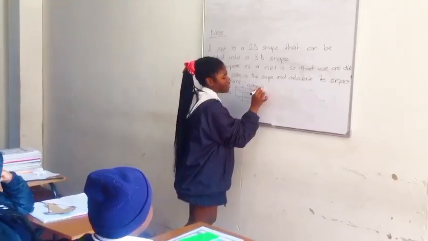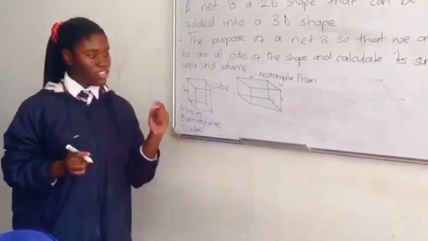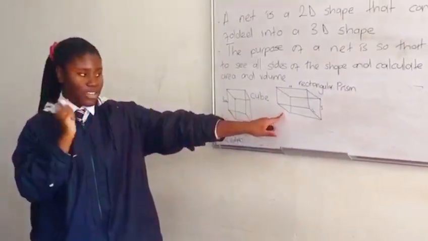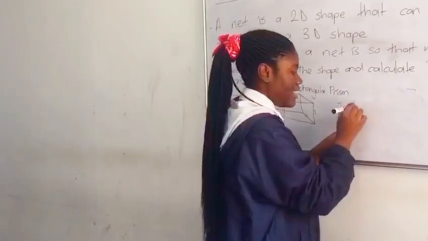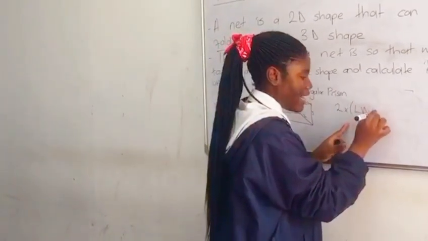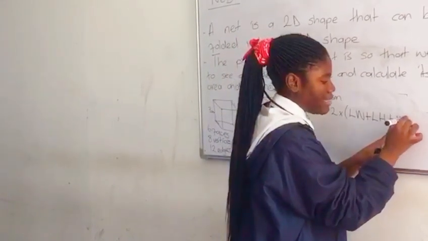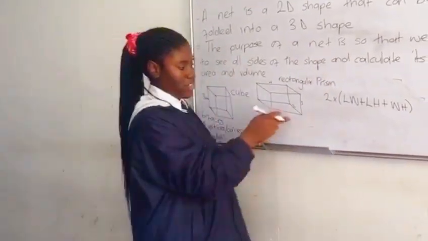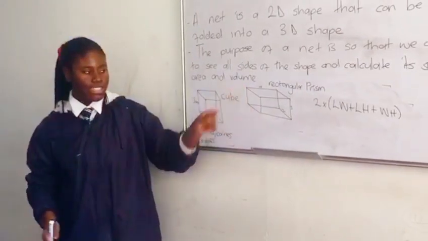Okay, we're moving on to the rectangular prism. The formula for calculating the surface area of a rectangular prism is 2 times bracket length times width plus length times height plus width times height, close brackets. Now we come to our rectangular prism and look at the centimeters that we have.